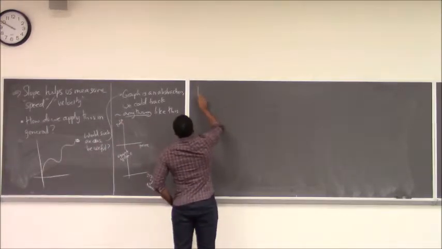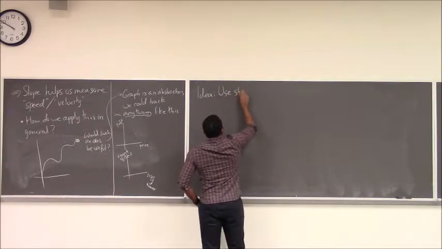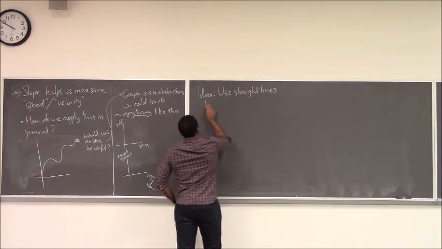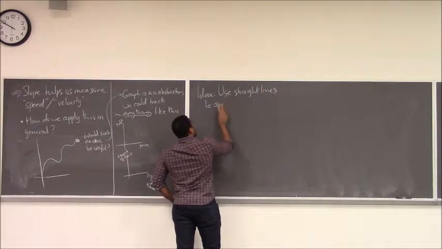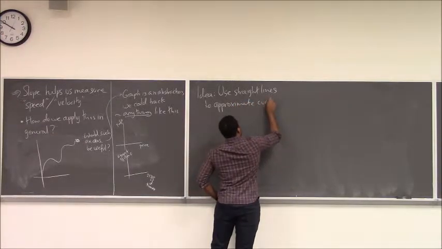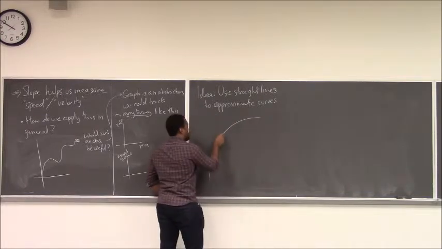Right? So here's the idea. Use straight lines to approximate curves. So here's a curve. Here's a point on the curve.